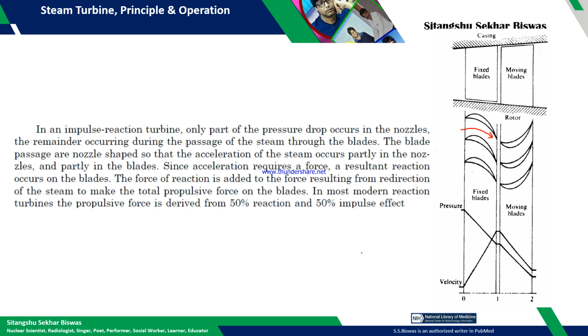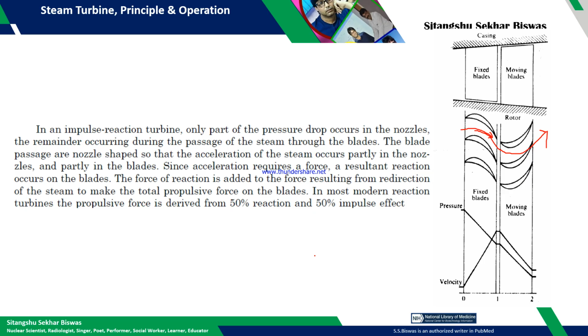The blade passages are nozzle shaped, so that the acceleration of the steam occurs partly in the nozzles and partly in the blades. You can see there is a symmetry of this cavity or passage through which the steam will pass.